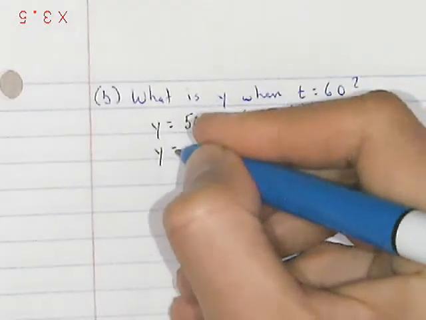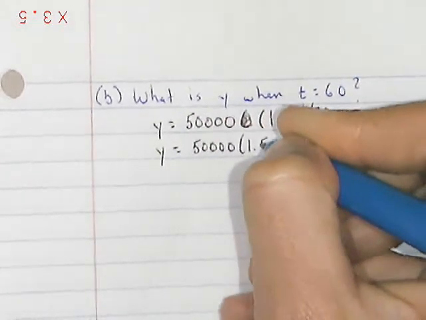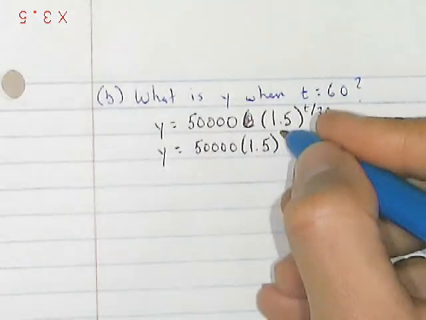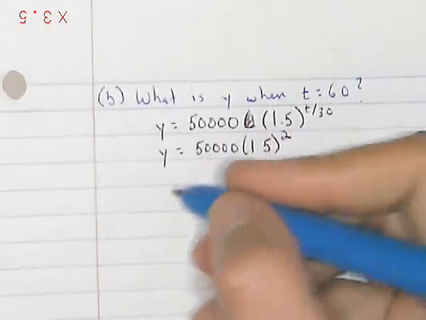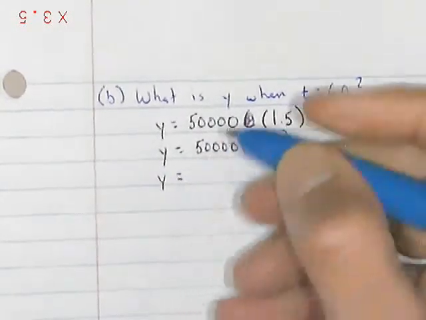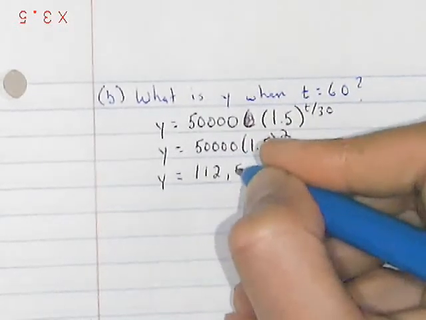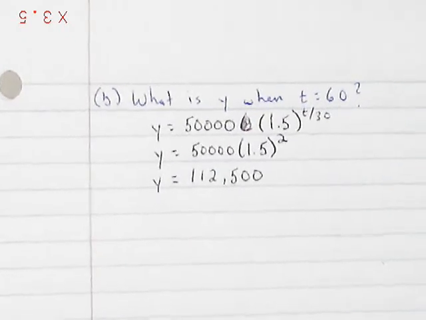So y is equal to 50,000 times 1.5. If t is 60, then we divide it by 30. We're just squaring that. And so we get that y, our population, in 2010 will be 112,500. Alrighty then, that wasn't so bad.